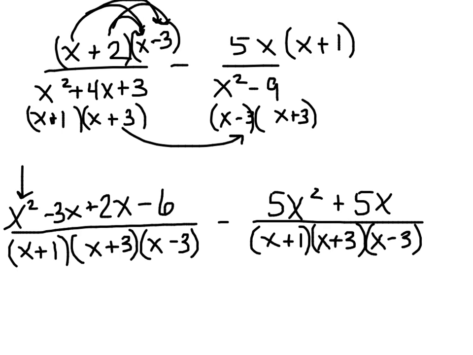What's 1x squared minus 5x squared? Negative 4x squared. What's negative 3x plus 2x minus 5x? Negative 6x. Minus 6 had no friends.